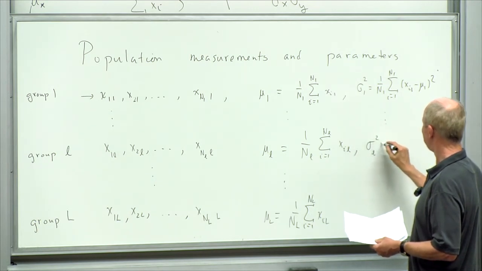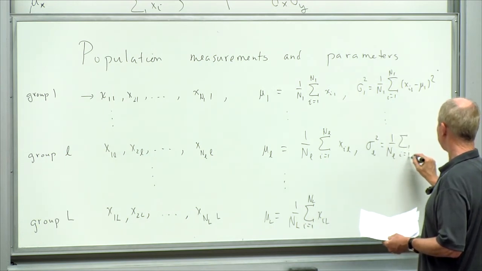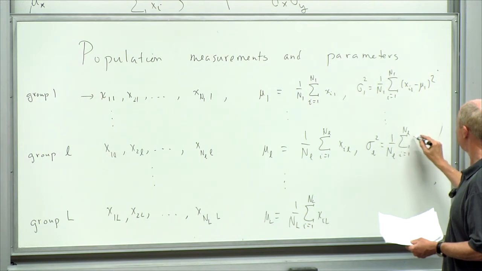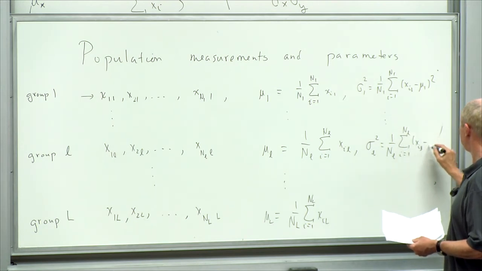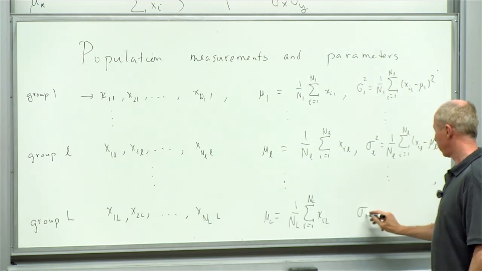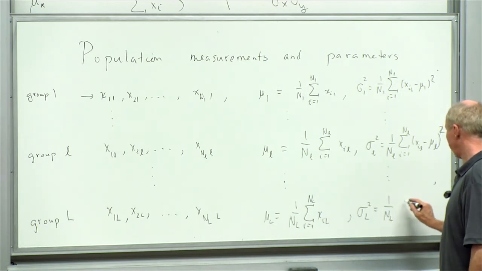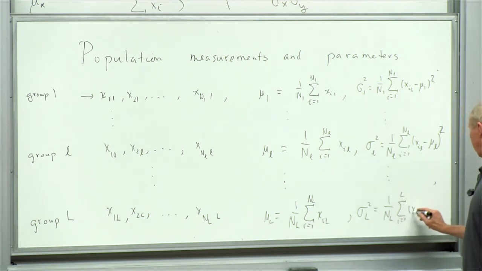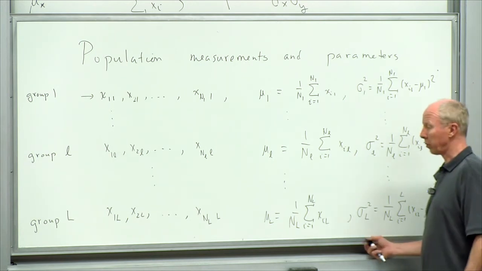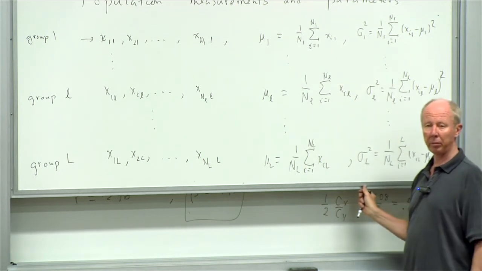Sigma sub little l squared would be 1 over capital N_L times the sum, i equal 1 to capital N sub little l, of (x_{il} minus mu l) squared, etc., down to sigma L squared equal to 1 over capital N_L, sum i equal 1 to capital N_L, of (x_{iL} minus mu L) squared. Okay, so we form the mean and variance in each group separately.